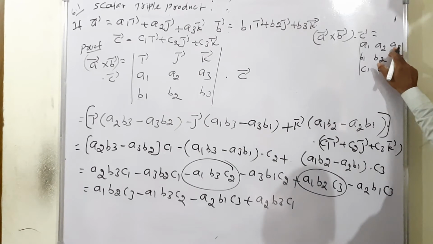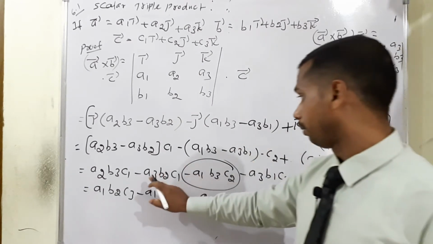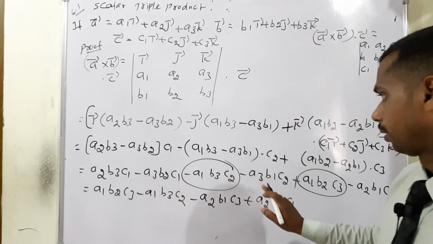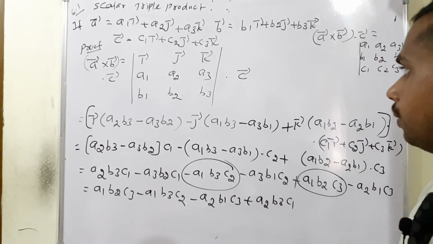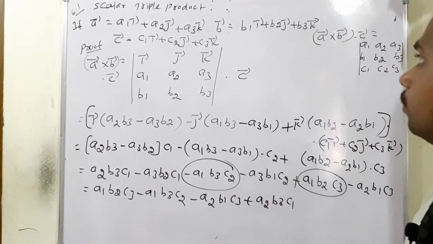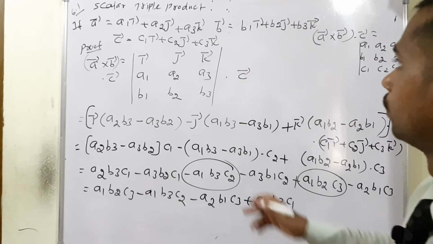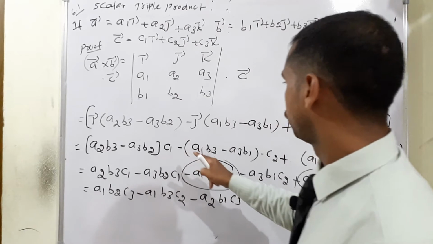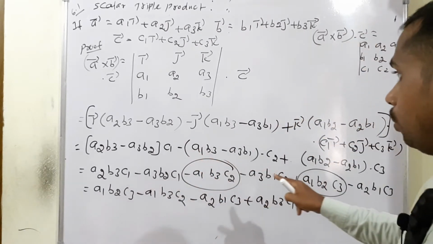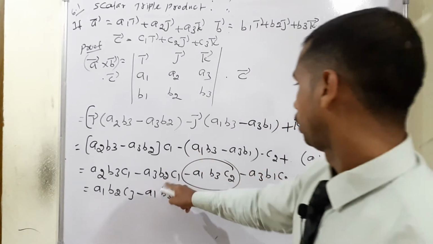Next one A3 is there. Starting with A3 means first positive A3, so positive A3 B2 C1.